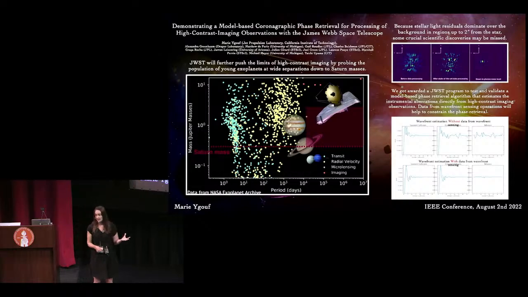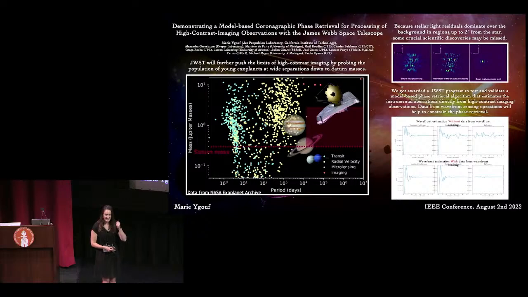The state-of-the-art post-processing techniques right now for high contrast imaging mostly use principal component analysis using observations of reference stars. I found that those techniques are pretty empirical, they work well, but I think we can do much better and also envision co-design.